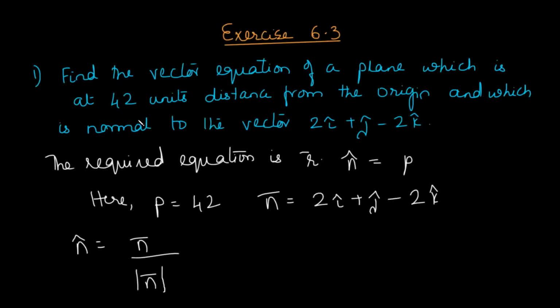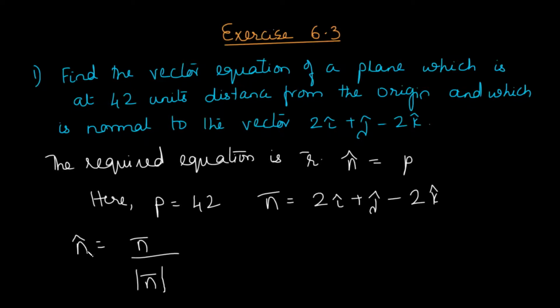So in this case, the moment you read that the distance of the plane from the origin is given, you can conclude that the required equation of the plane is r dot n cap is equal to p, where p is the distance of the plane from the origin. So p is 42 and n bar, the normal to the plane, is 2i plus j minus 2k.